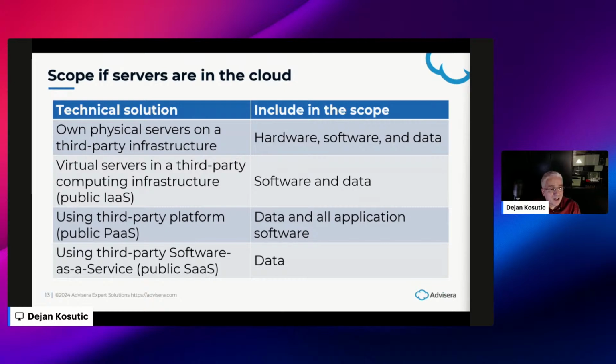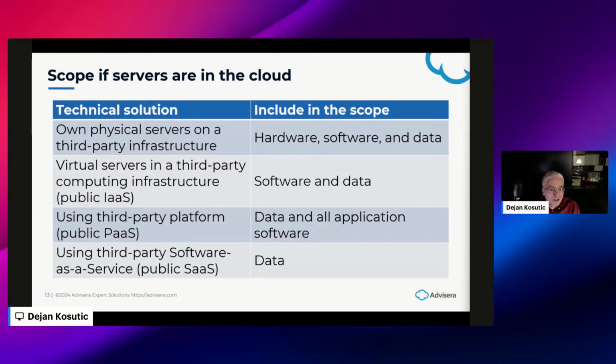In this case, you can include in the scope the hardware, meaning your servers, the software running on them, and also the data processed on these servers. Why? Because you're controlling hardware, software, and data. What you are not controlling is the physical building, the air conditioning, the telecom links. These things have to be excluded from the scope because you're not controlling them.